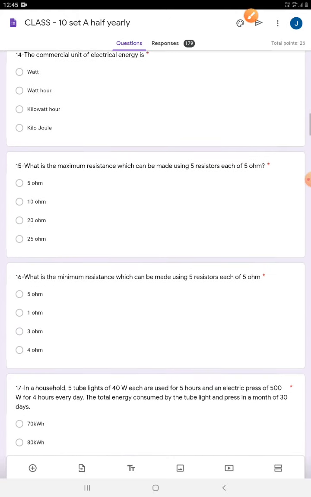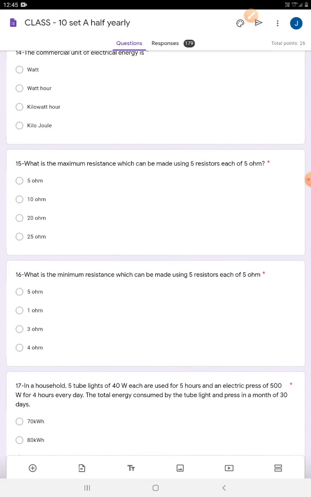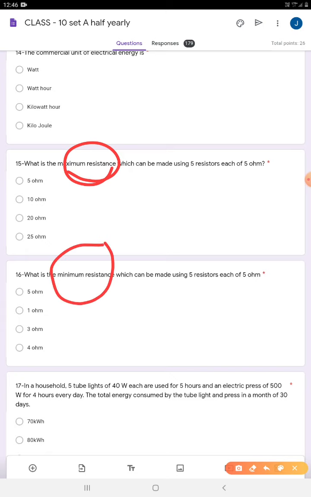Now, what is the maximum resistance which can be made using 5 resistors each of 5 ohm. There are two questions, maximum resistance and minimum resistance. As we know, we can get maximum resistance by adding them in series combination, and we can get minimum resistance by adding them in parallel combination.